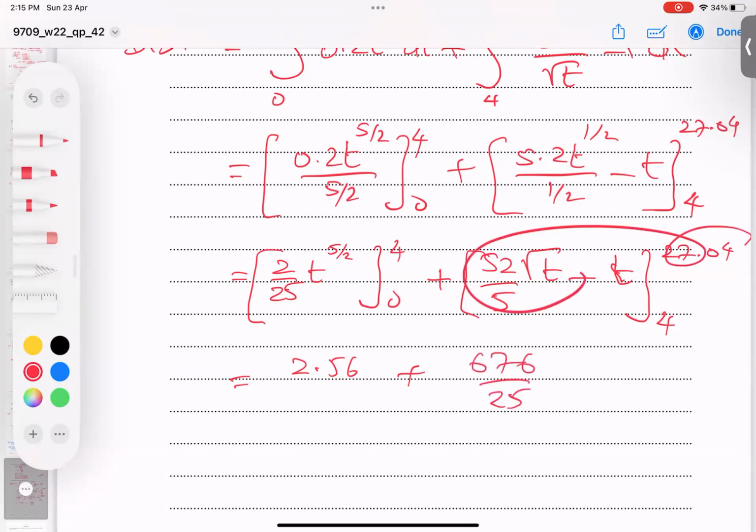Now replace with 4: 52 divided by 5 into 2, minus 4. It gives me 84 over 5. Finally, 2.56 plus 676 by 25 minus 84 divided by 5, and the answer finally comes to 12.8 meters.